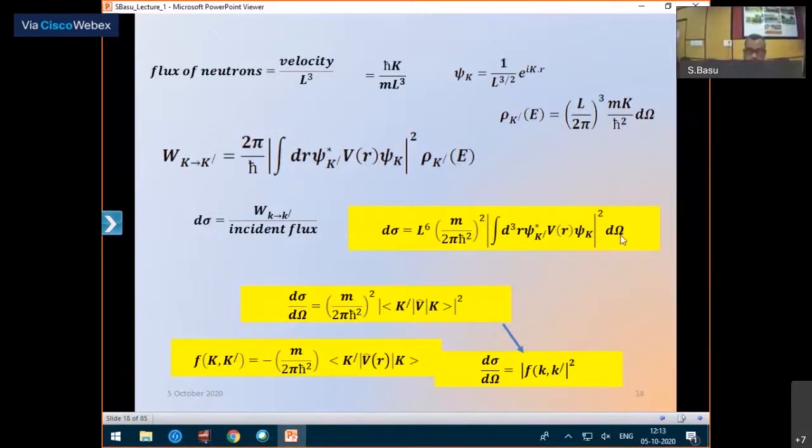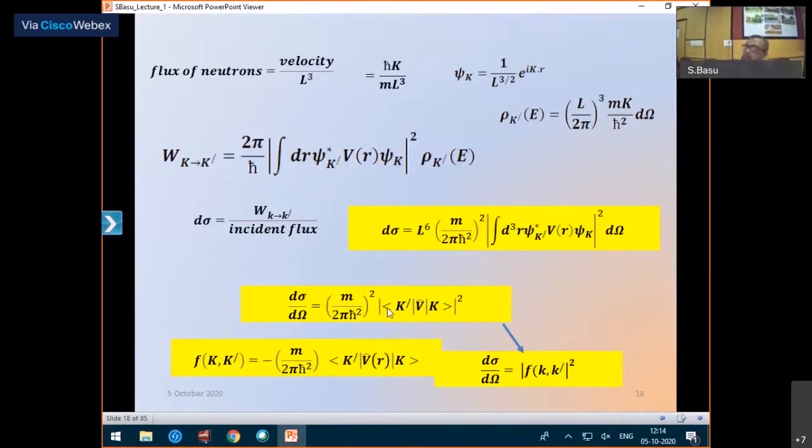So actually I get an expression which is fairly simple: d sigma by d omega, that means the neutron scattering cross section per unit solid angle, is given by this expression, m by 2 pi h cross squared, and then this bracket notation, squared.